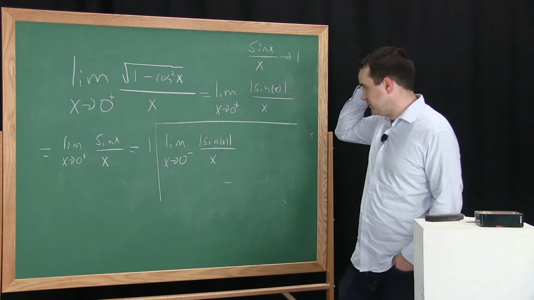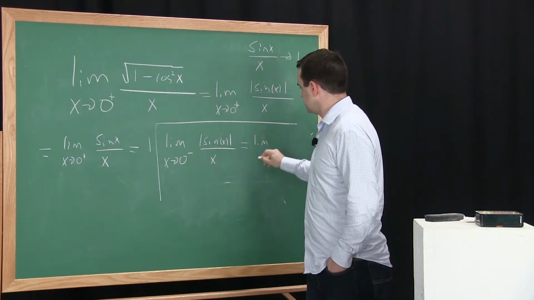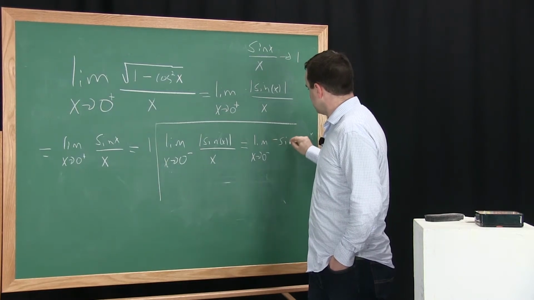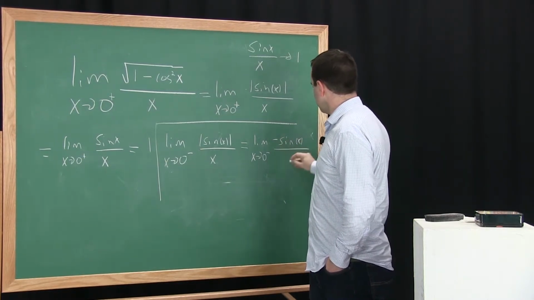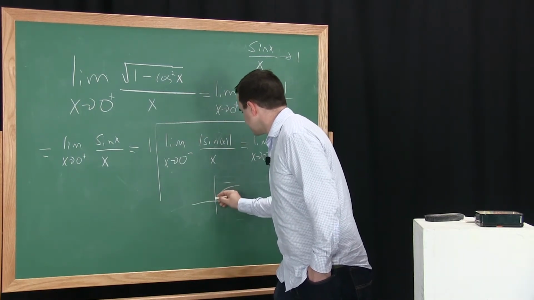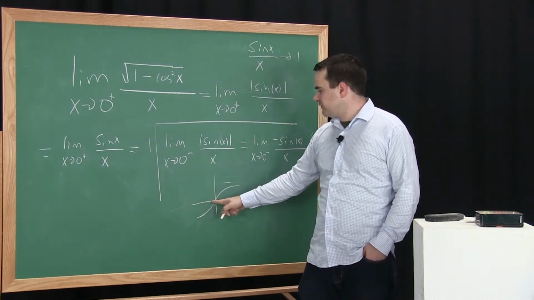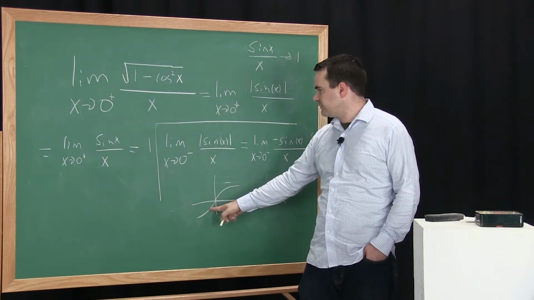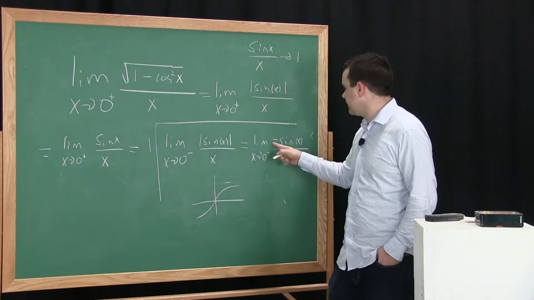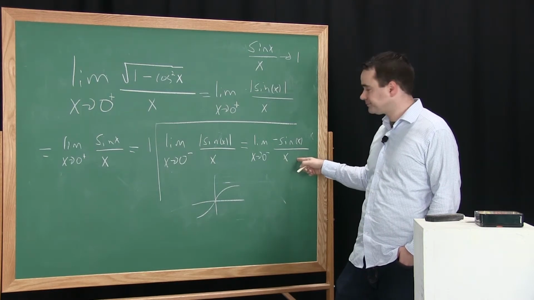So its absolute value, being positive, would have to be the negative of sine of x. Let me say that one more time. If you go back to the graph of sine of x, for x values approaching 0 from the left, the y values are negative. To make the absolute value positive, we have to take the negative of sine of x. And so we get negative sine of x over x.